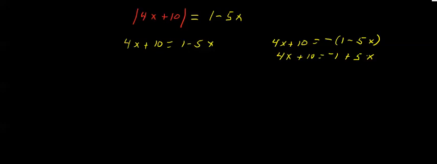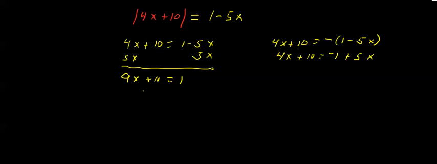And now I solve. I'll start on the left. I'm going to add 5x. I'm sorry, I did that backwards. Let's erase this. Apparently I can't read my own writing. I end up with 4 plus 5 is 9x plus 10 equals 1.